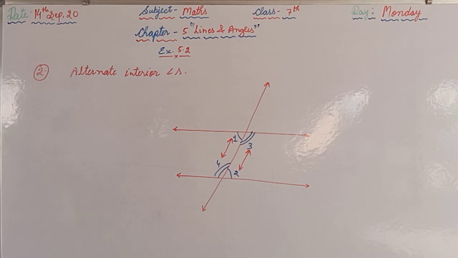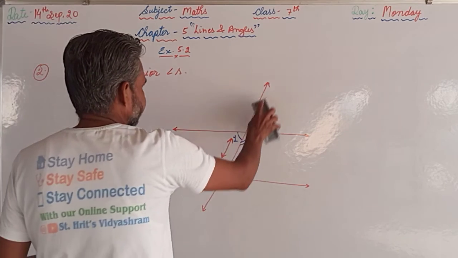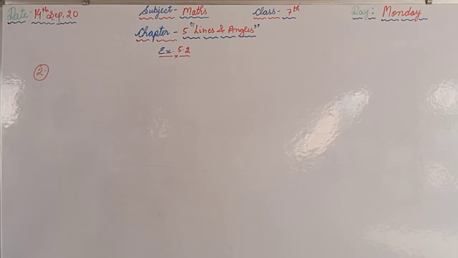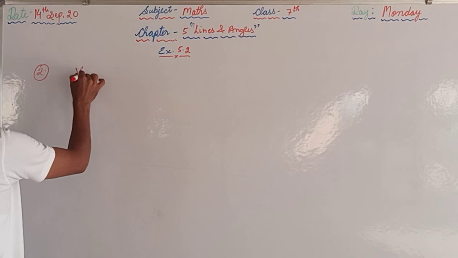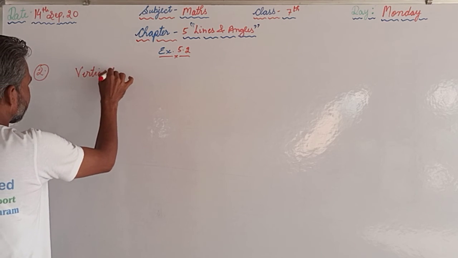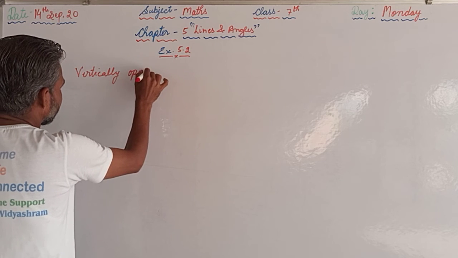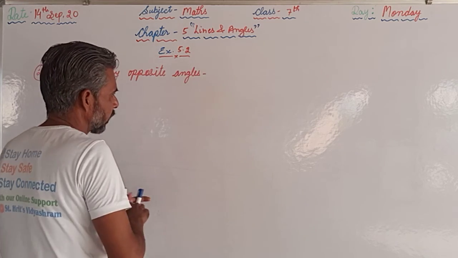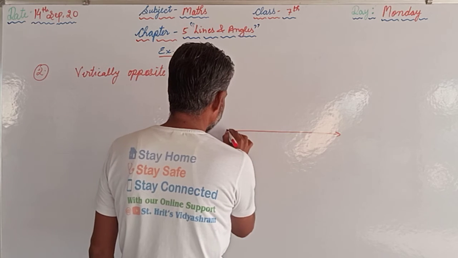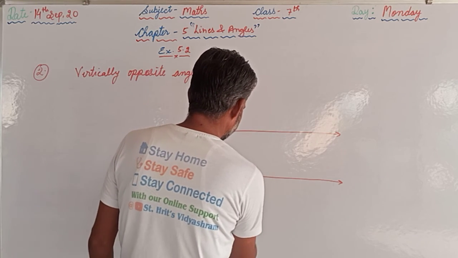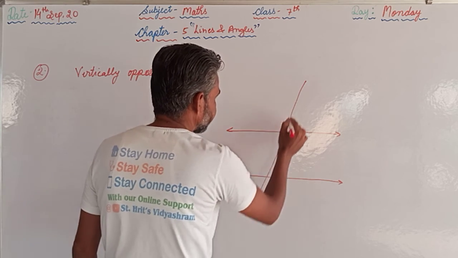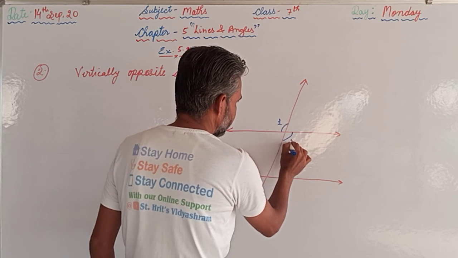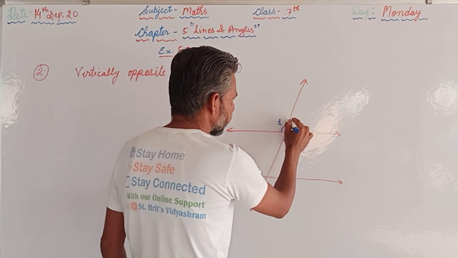At the same time, now the vertically opposite angles. Vertically opposite angles, if the parallel lines are like this and the transversal is there, then this and this, angle 1 and angle 2 will be vertically opposite.